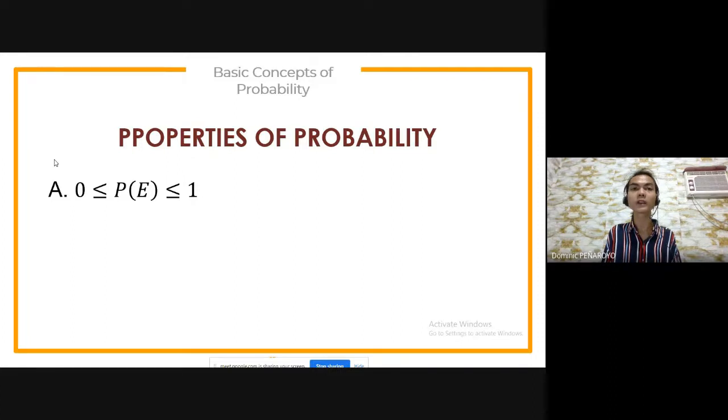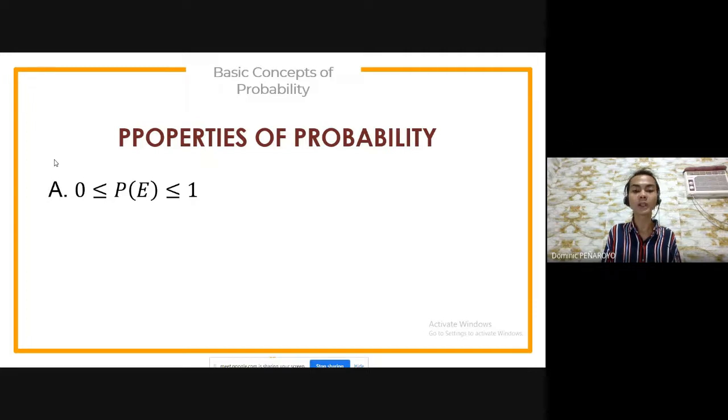Again, if your answer is 0 while getting the probability, the interpretation is that the event cannot occur. However, if the probability is equal to 1, then the event occurs every time. So that's the interpretation.